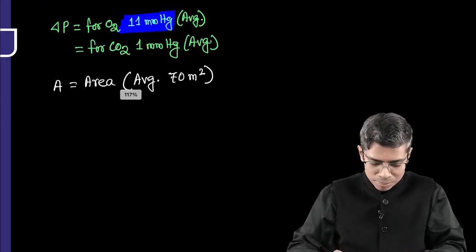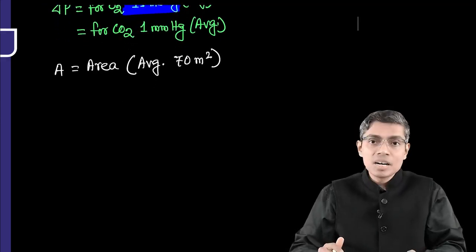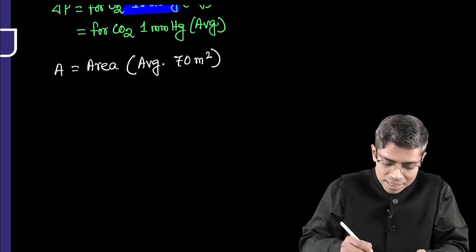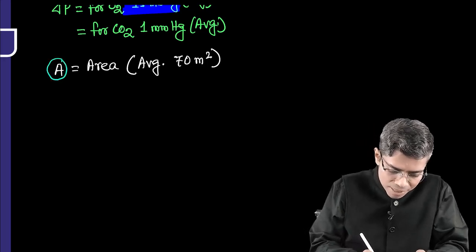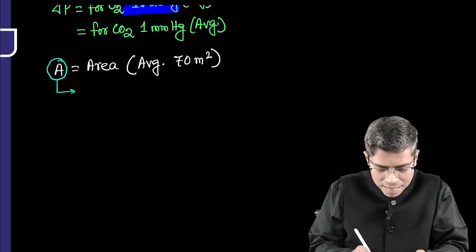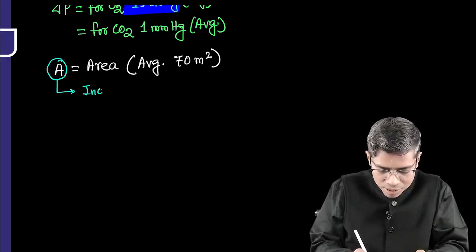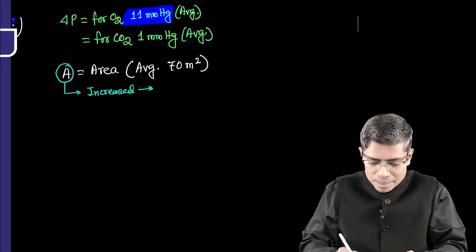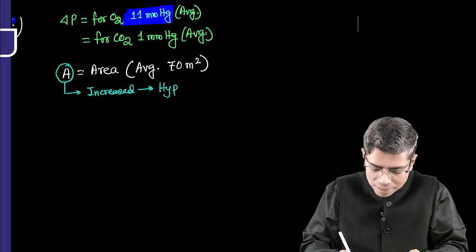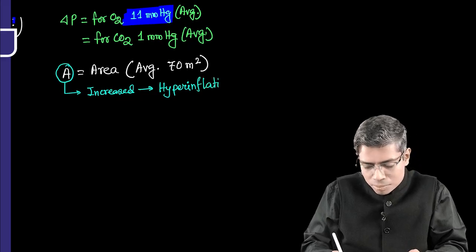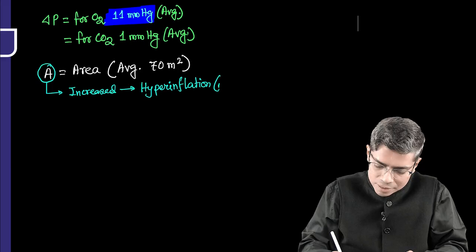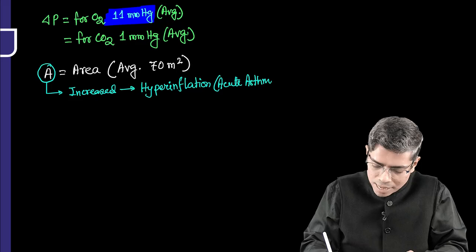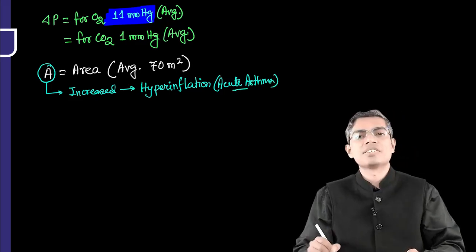But you have to remember that this surface area of diffusion, A, can be increased, right? It increases if there is hyperinflation of the lung, for example in acute asthma, where there is a little hyperinflation of the lung.